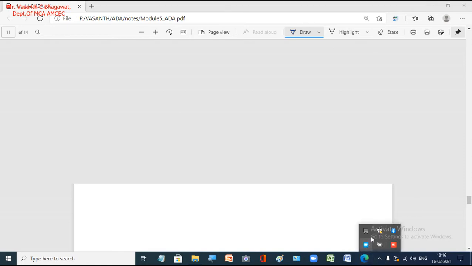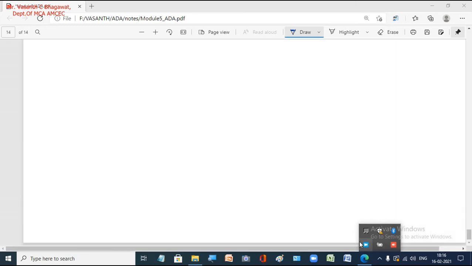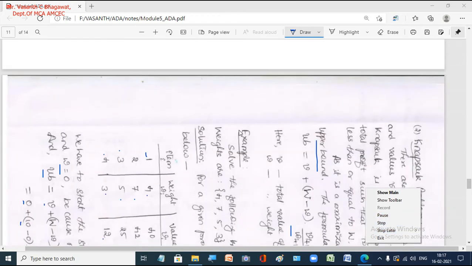Let us see how we are going to solve this particular problem. I think it's taking a bit of time to load. Once it is loaded, we will, yes, this is our problem.